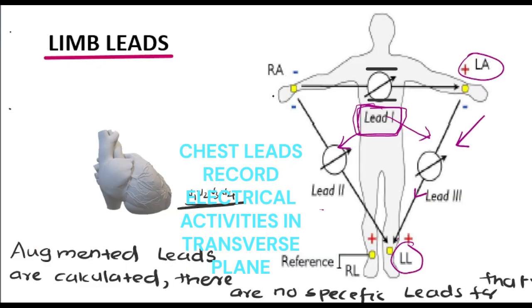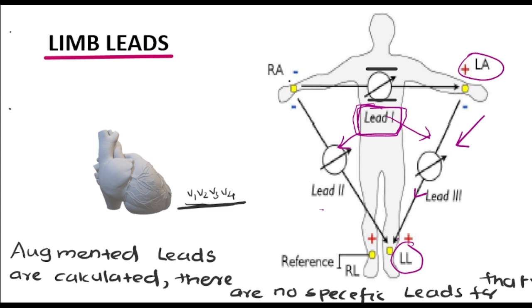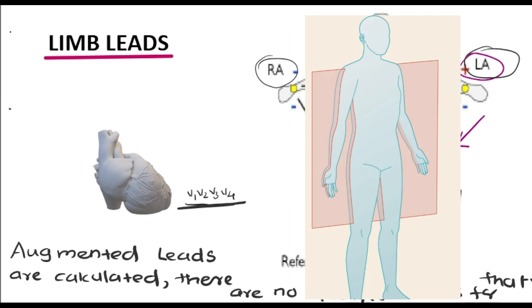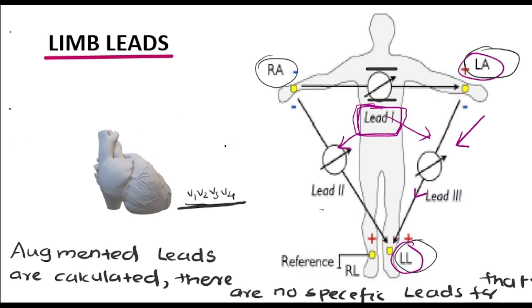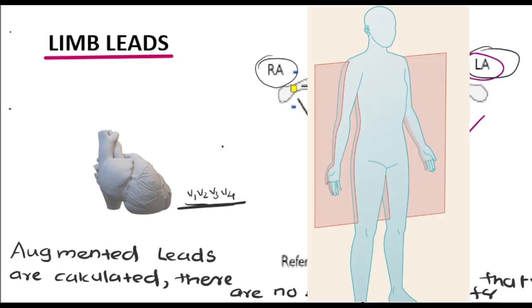You know that we attach some electrodes to our right and left hands, and one over the left foot. By attaching these electrodes, we are creating three more leads that record electrical activity in the frontal plane. What is the frontal plane? It is the electrical activity that happens in the vertical direction.